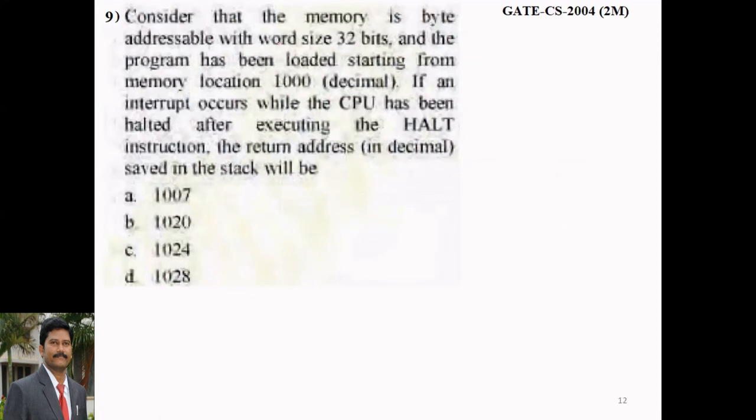Now consider that the memory is byte addressable, with a word size of 32 bits, and the program has been loaded starting from memory location 1000 decimal. If an interrupt occurs while the CPU has been halted after executing the halt instruction, the return address in decimal saved in the stack will be what?